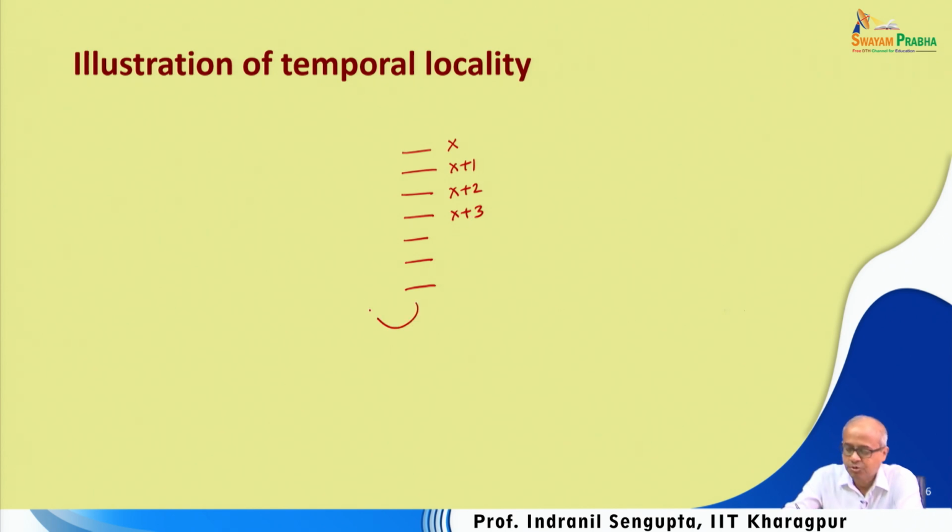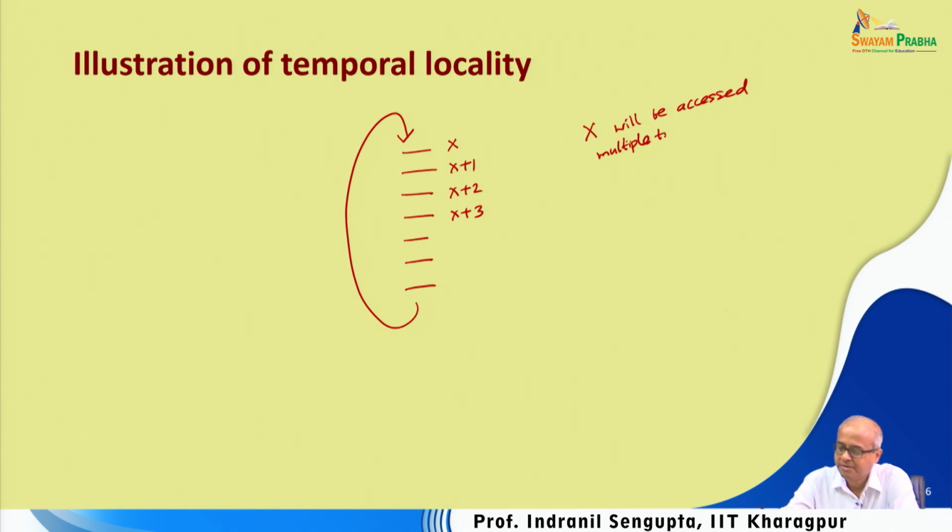So, they are in a loop or they are part of a function or procedure which you are calling multiple times. So, what will happen? x will be accessed multiple times. Similarly, x plus 1 will be accessed multiple times, x plus 2 will be accessed multiple times. This is called temporal locality.